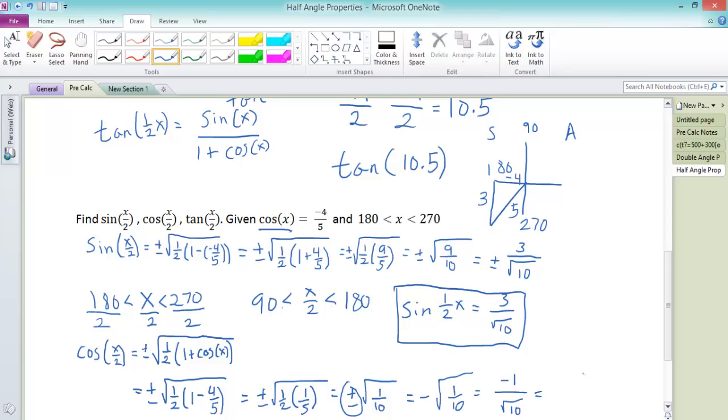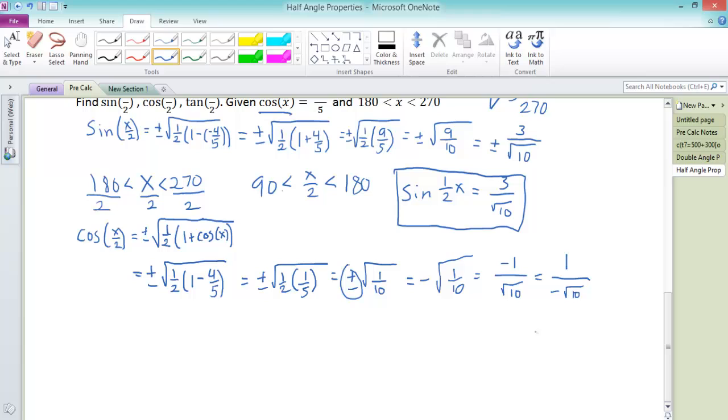And for those of you who are going to be sticklers, it's the same thing as 1 over the negative square root of 10. I'm sure we all knew that. Okay, so get a nice, pretty boxed answer. The cosine of 1/2 x is equal to 1 over the negative square root of 10.